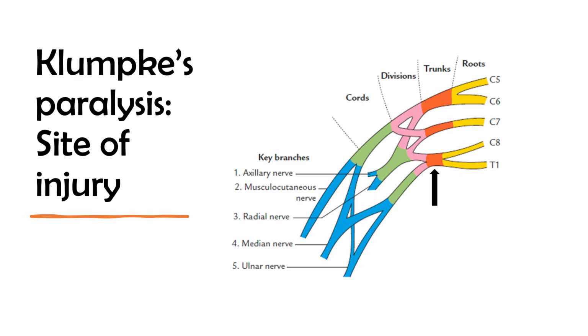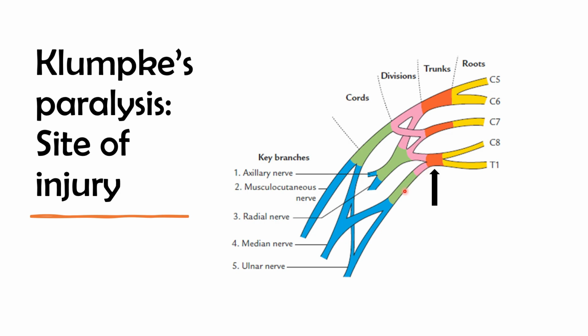The clinical case here suggests that it is Klumpke's paralysis and the site of injury is the lower trunk. So this lower trunk is formed by the ventral rami of C8 and T1 and it gives anterior and posterior divisions.